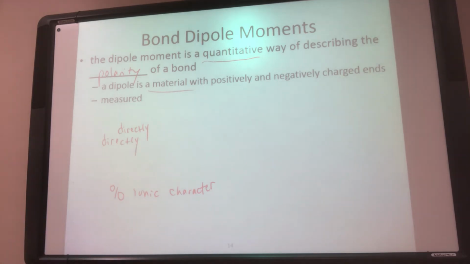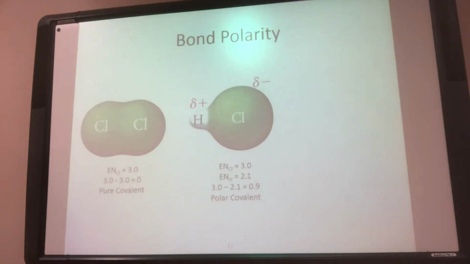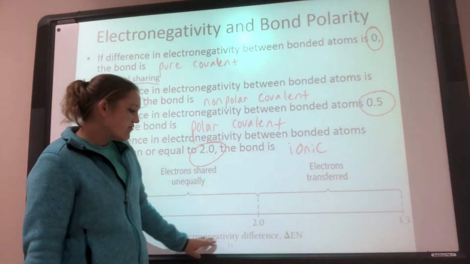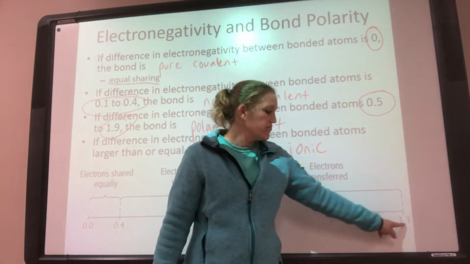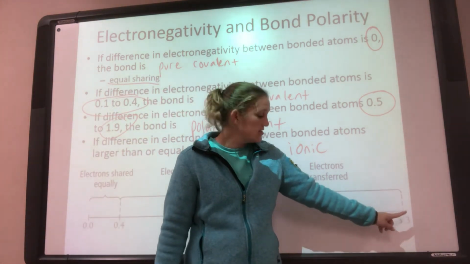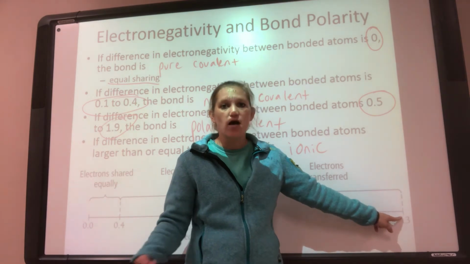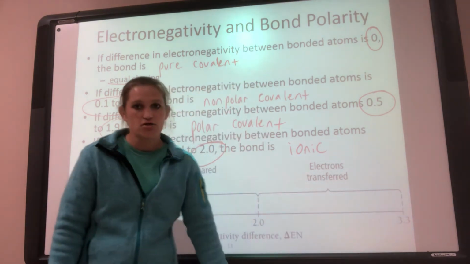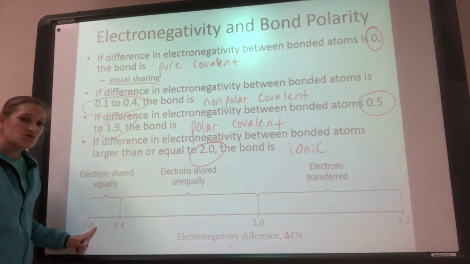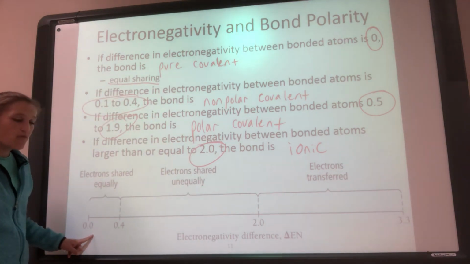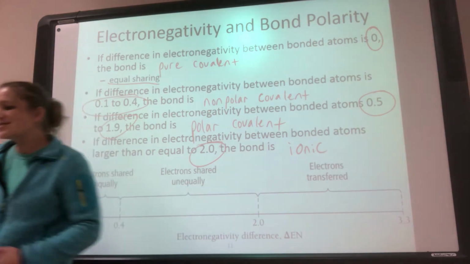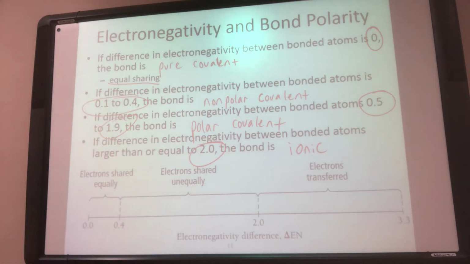So I can actually go back to here. If the electronegativity difference is really high, then this is going to be a high percent ionic character. This is going to be closer to 100% ionic character. Here, where they're sharing equally, this would be closer to a 0% ionic character. So as I go from left to right, my percent ionic character is going to increase.